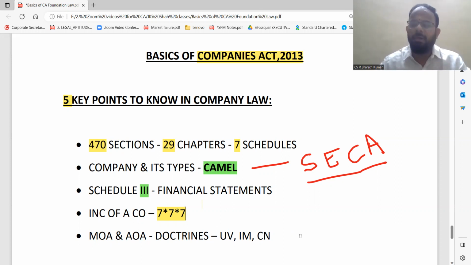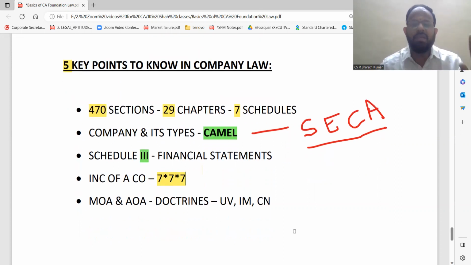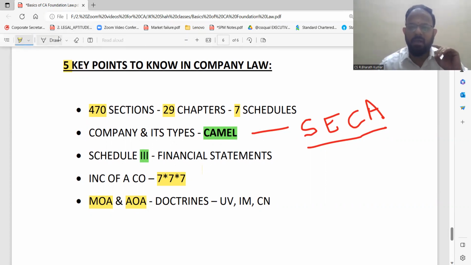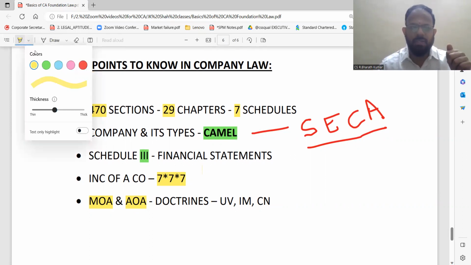Next, 2 important documents you will talk about in company law. We call them MOA and AOA, Memorandum of Association, Articles of Association. Various provisions will be there in Chapter 2, but in CA Foundation, the very basics of what is MOA, AOA, and the related doctrines will be there. What are the 3 doctrines? Ultra vires, indoor management, and constructive notice.